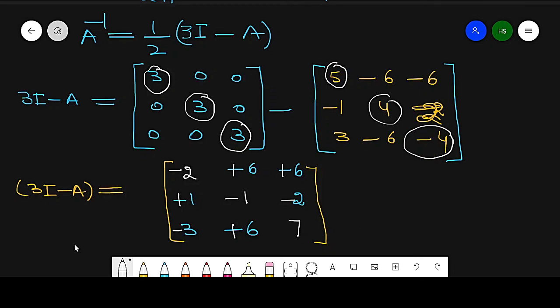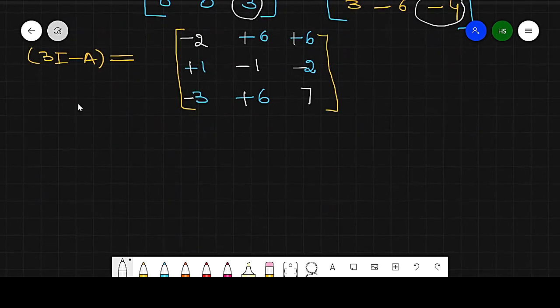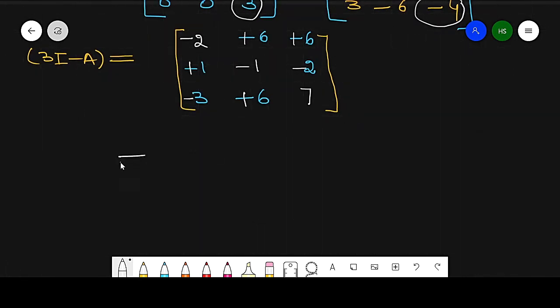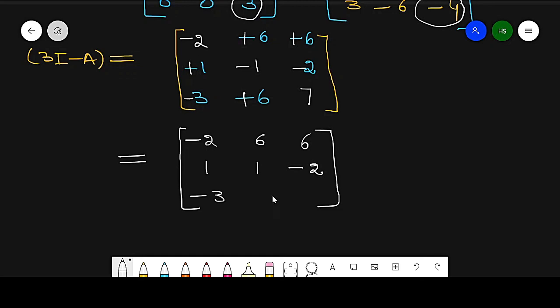So this matrix becomes minus 2, 6, 6; 1, minus 1, minus 2; minus 3, 6, 7. This is the value of 3I minus A.